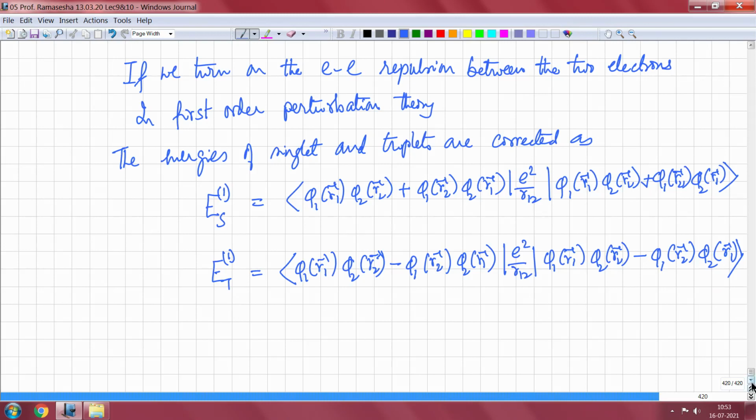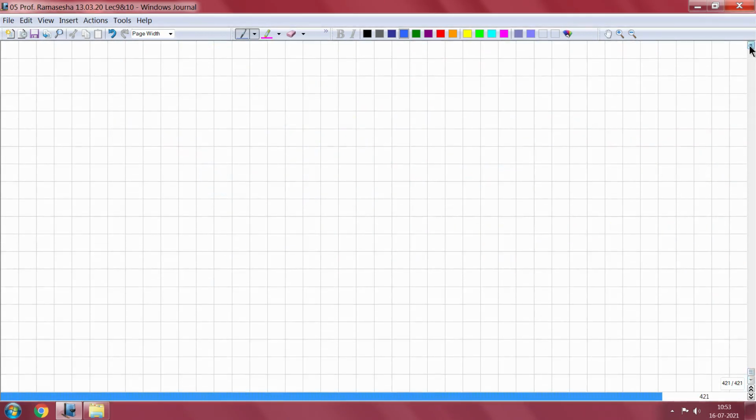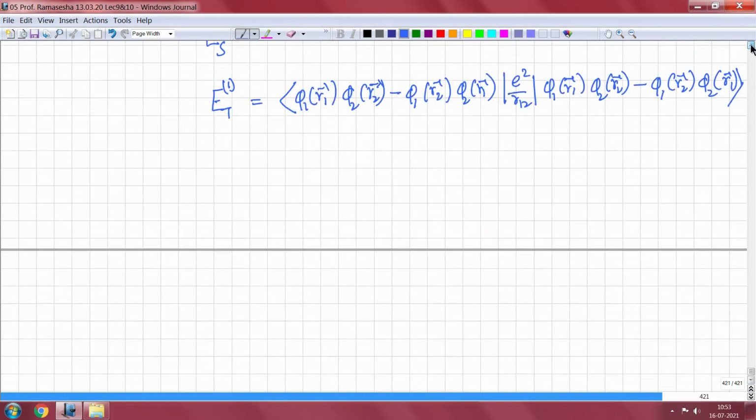Of course, you can ask how is it that although I have degenerate states, I am doing a non-degenerate perturbation theory.